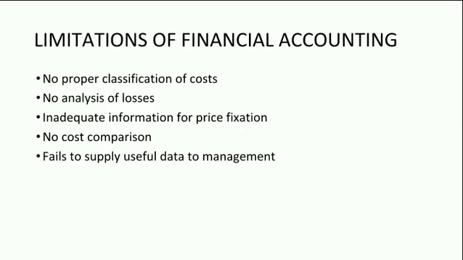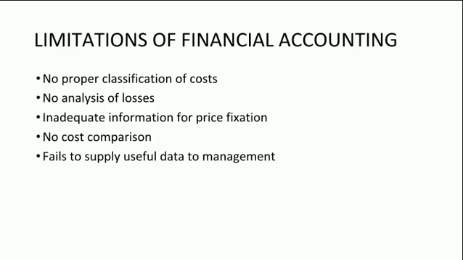The next is inadequate information for price fixation. When I produce a particular product, I have to fix the selling price. To fix the selling price, I should know the cost involved in producing the product, plus a certain fixed percentage of profit which has to be added, because the equation is cost plus profit is equal to selling price.